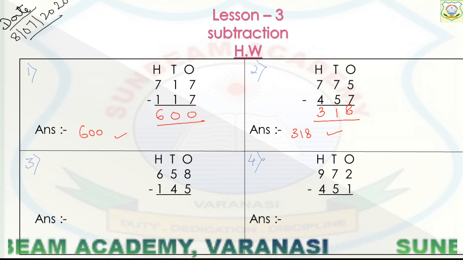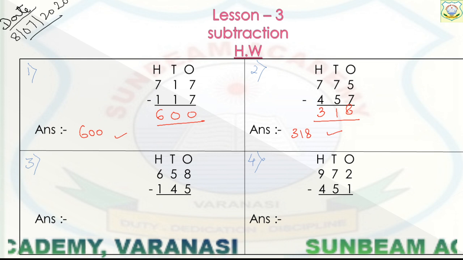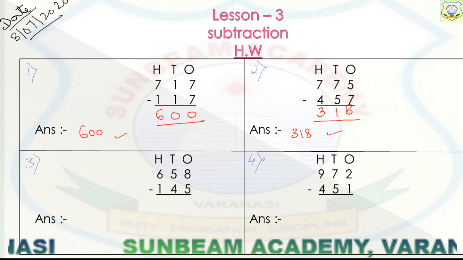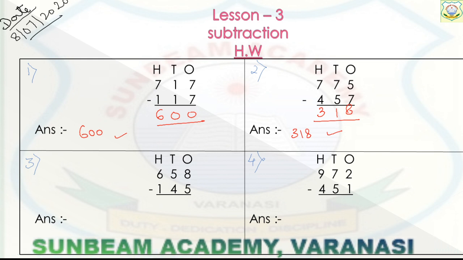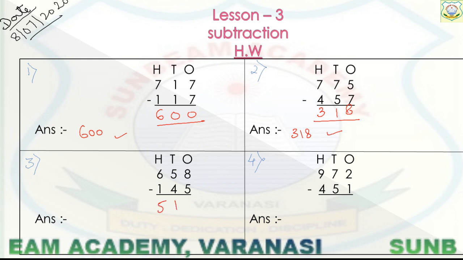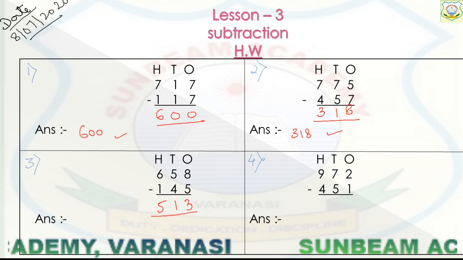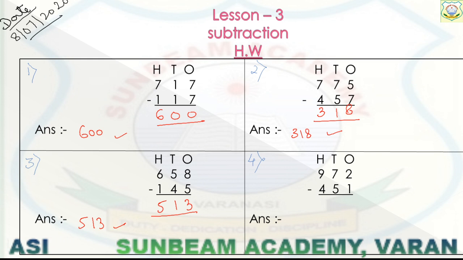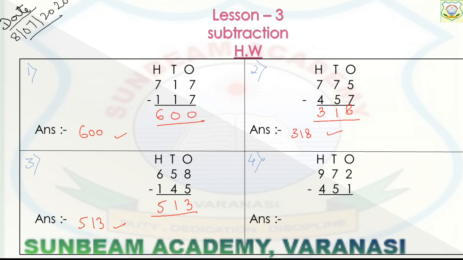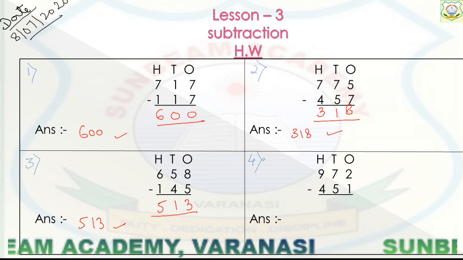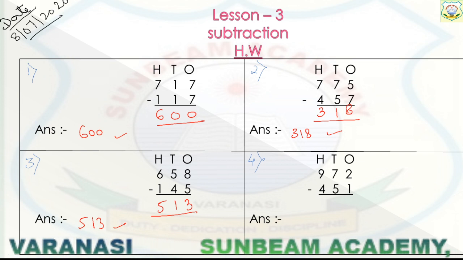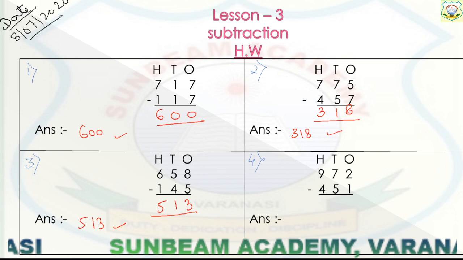Okay. Now after that, third was 658 minus 145. Let's subtract. We will be getting 513 as an answer. If you have got this answer, then it is correct. Now question number 4 is 972 minus 451.